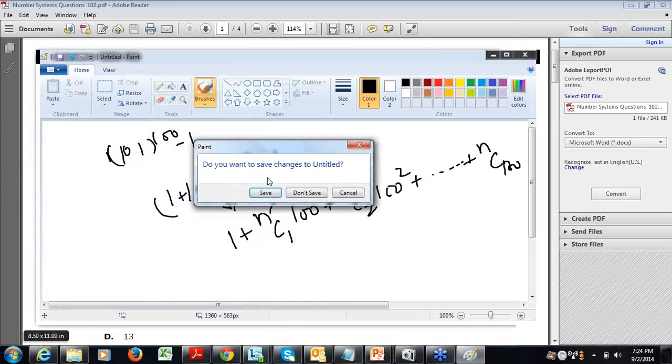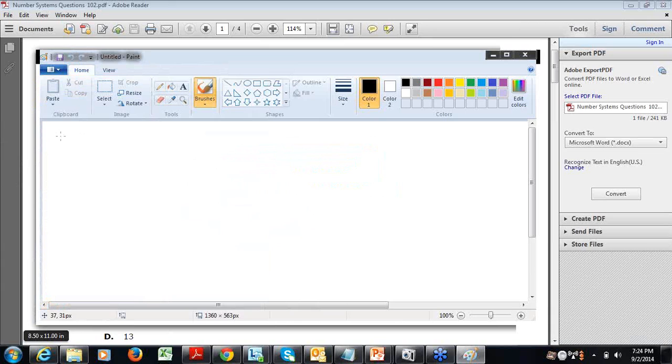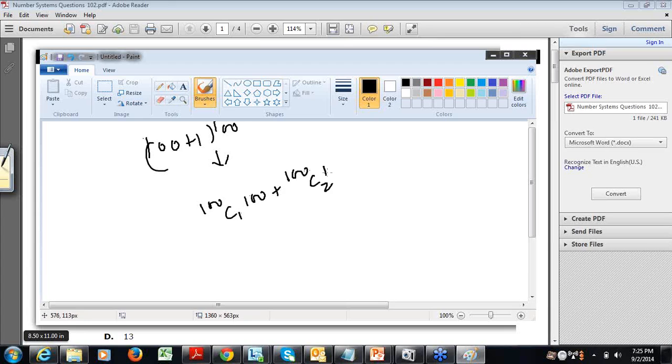Just a minute, I think it is getting a little confusing for you, so let me do it once again. So 100 plus 1 to the power 100, binomial expanded, will be 100C1 times 100 plus 100C2 times 100 square plus so on, plus 1.